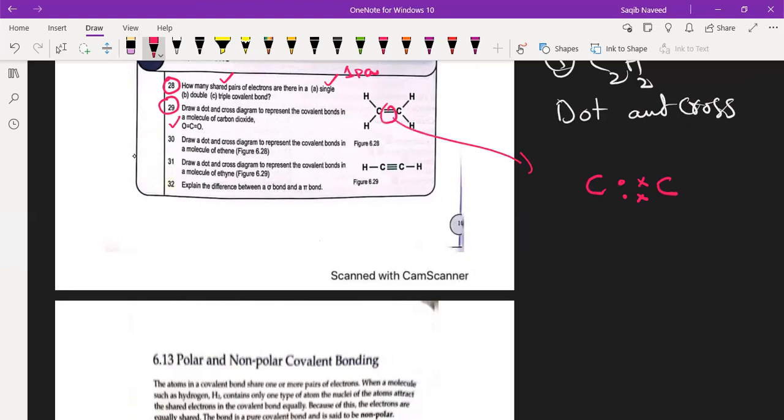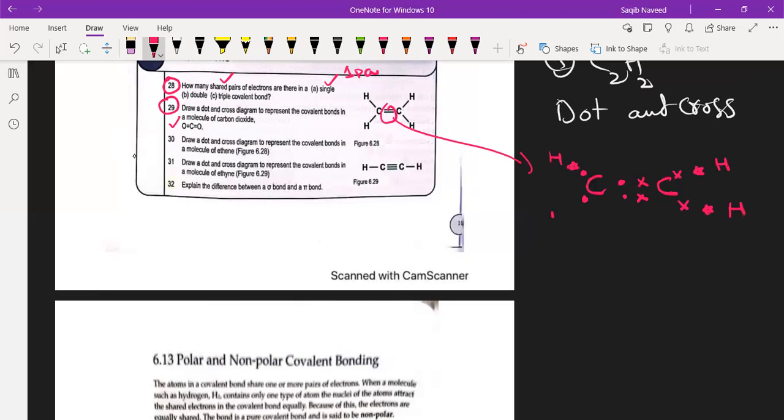And then you have cross symbol for this carbon and dot symbol for this carbon. And now I can put some different symbol as star for hydrogen electron, any other symbol.